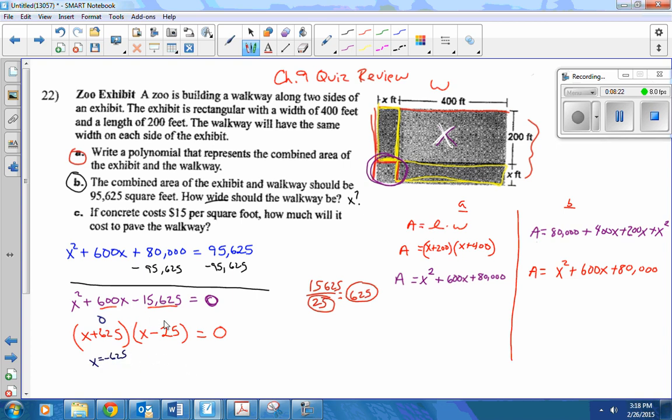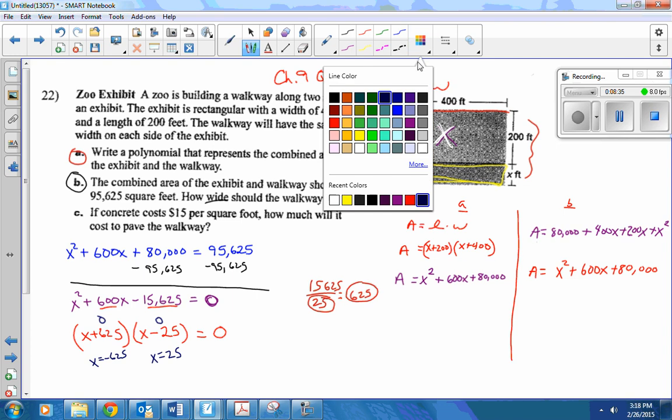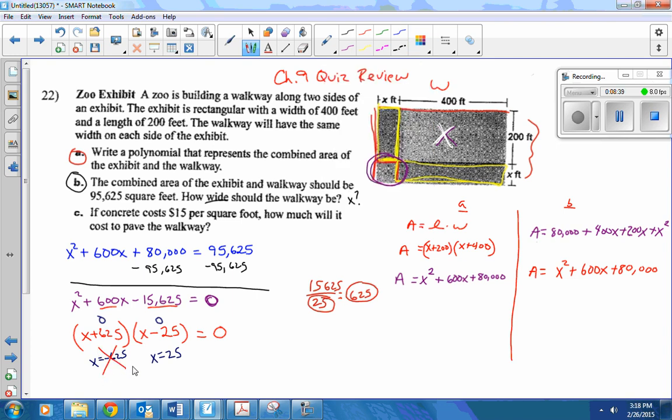Another possible value for x is 25. Well, when I apply that to my diagram, I don't think that one of the answers should be negative. So I now have a solution for x. x should be 25.